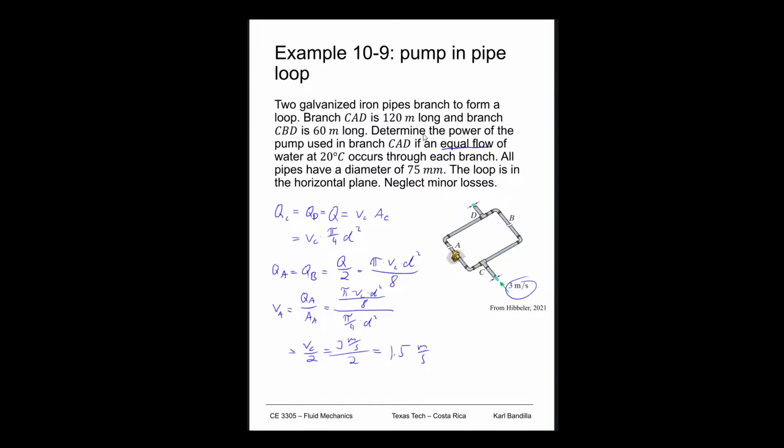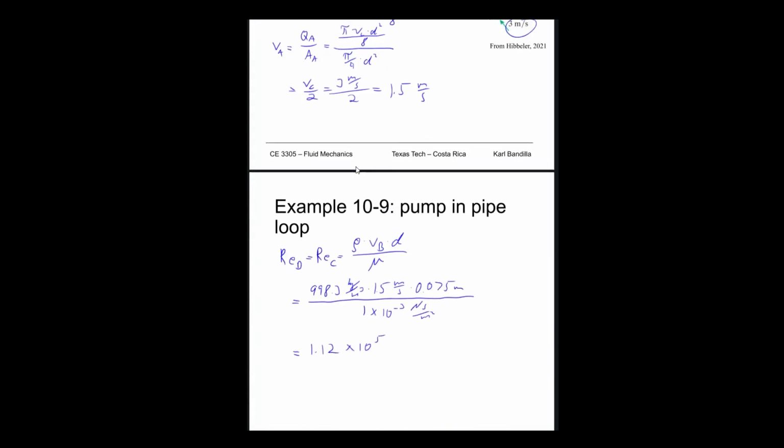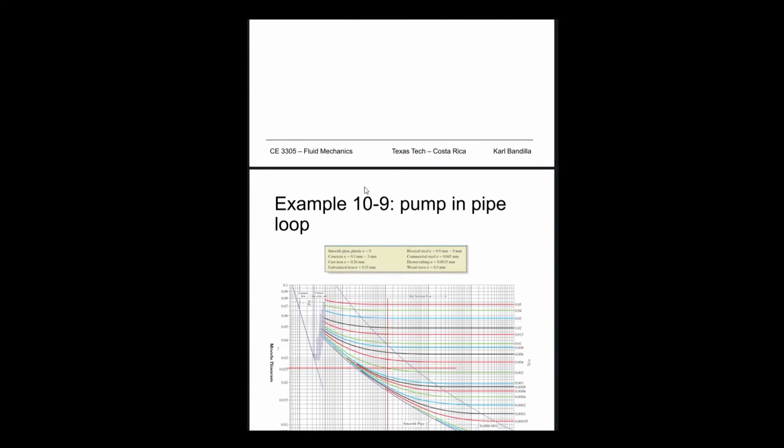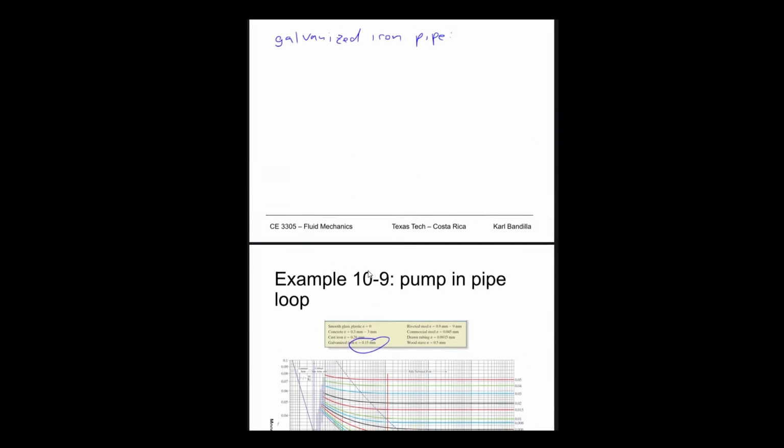So we'll have to see what our roughness is. Our pipes are galvanized iron, so we'll have to look that up. Well, we can look that up on our figure of the Moody diagram. So that's right here.